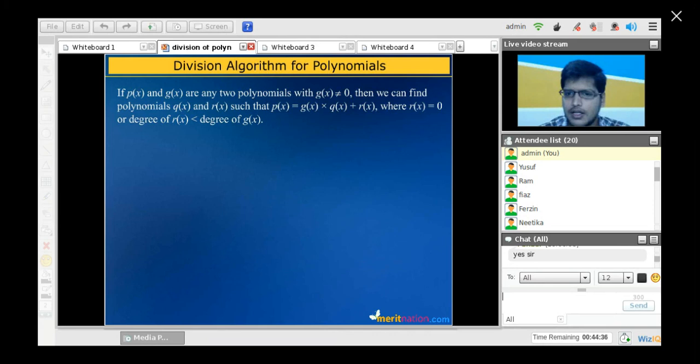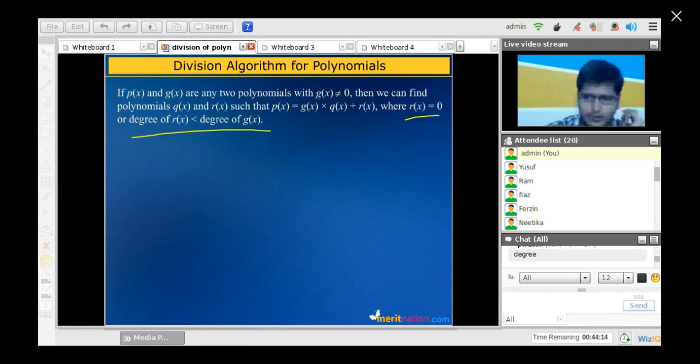Now let me ask, in which condition will it be possible when r of x is equal to 0 or this condition? There are two conditions for remainders when it is possible to find the zeros of that polynomial. So Naina, it is not the second condition, it is the first condition, when r of x is equal to 0. Nidhi, absolutely correct.